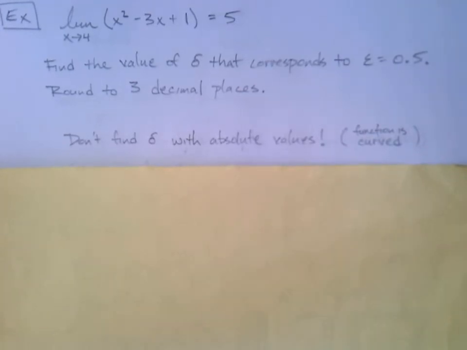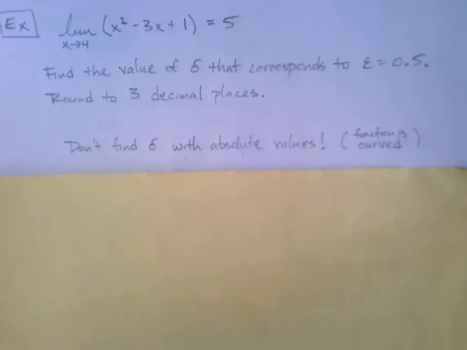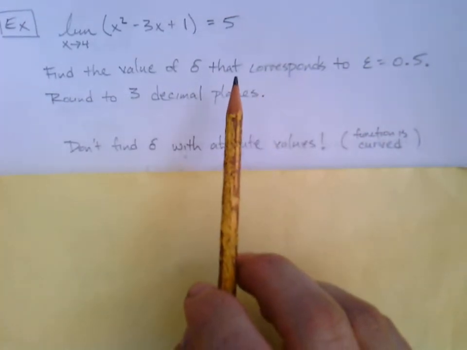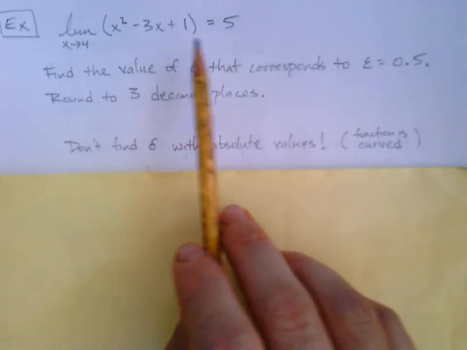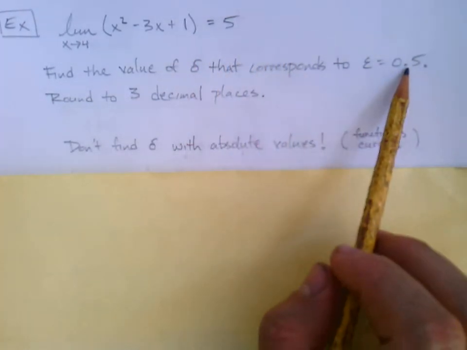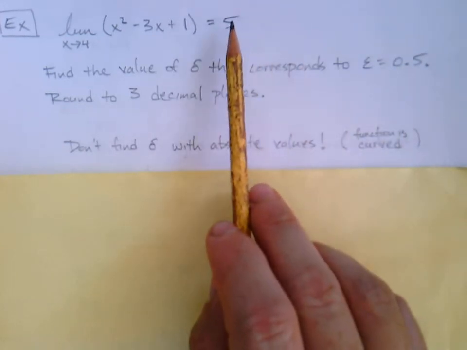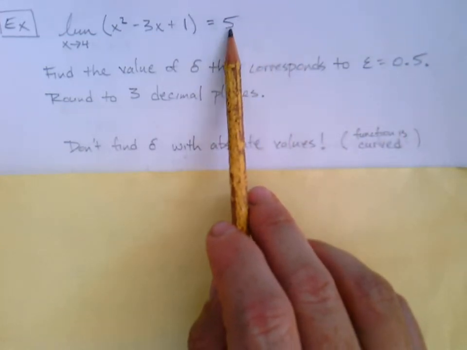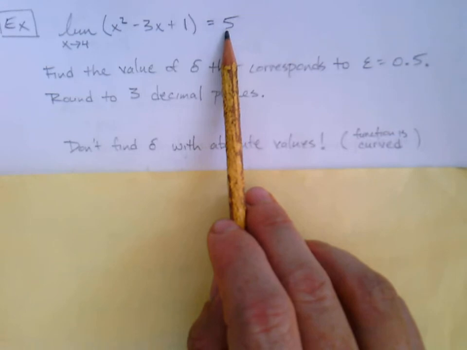Here's what we're going to do. We're going to set it up just like the way I introduced this at the beginning of the section. If we want our limit to be within 0.5, we're just going to take 0.5 above and below this number here.